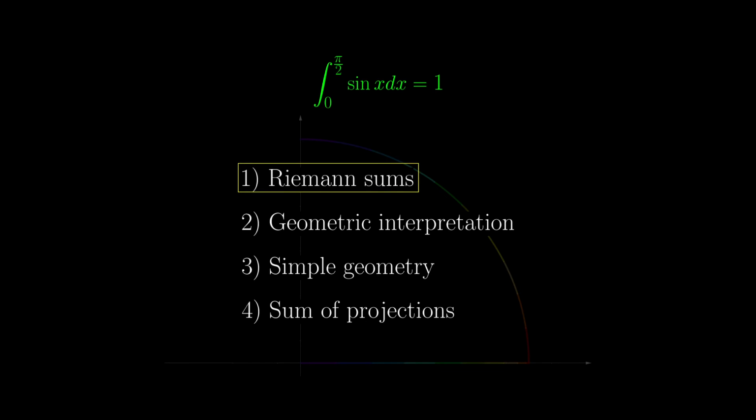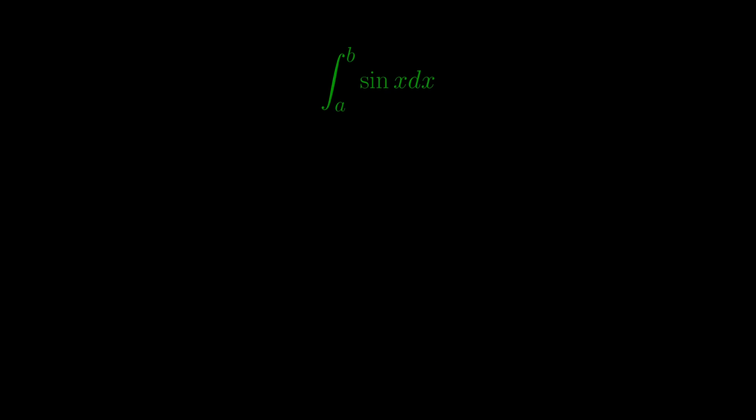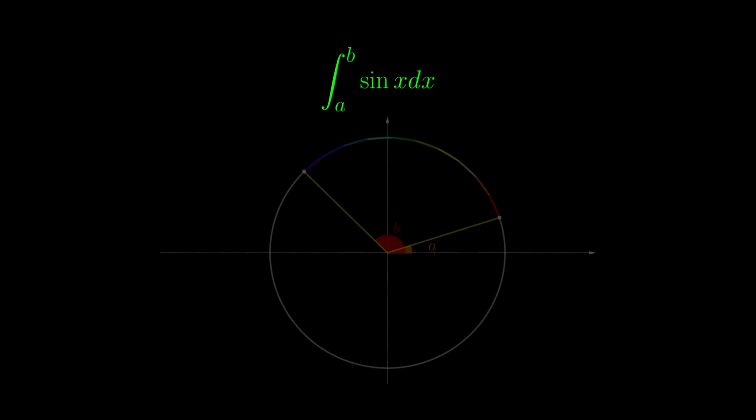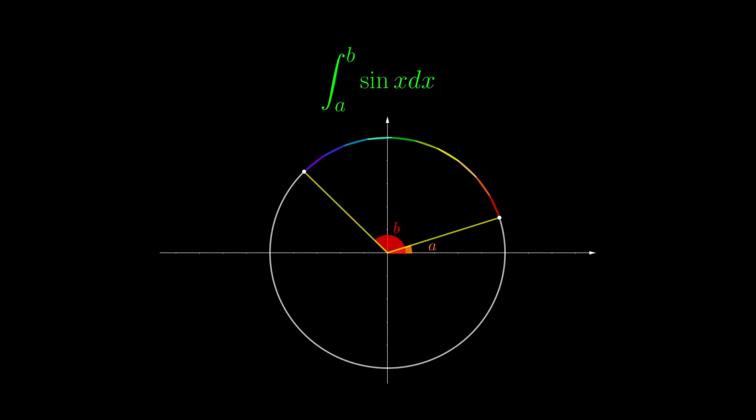The best thing about this argument is that you can generalize this easily to calculate the same integral with different lower and upper limits. I won't show the exact details here, but consider this diagram with A and B as angles. Again, we can consider the projection of the arcs onto the x-axis.